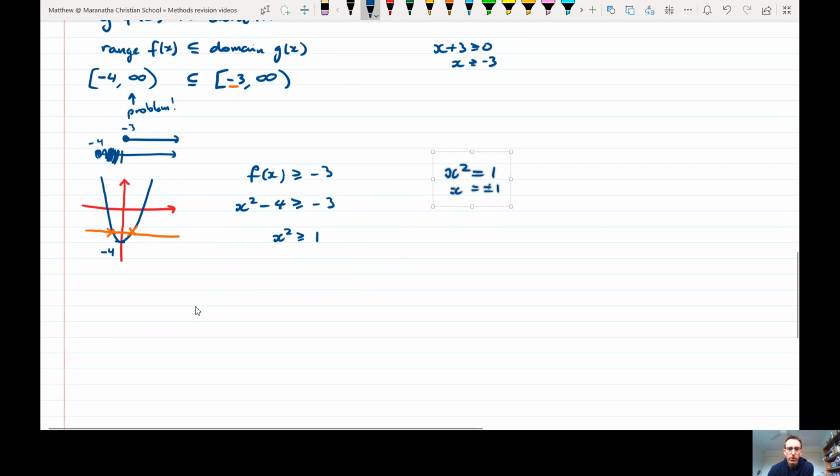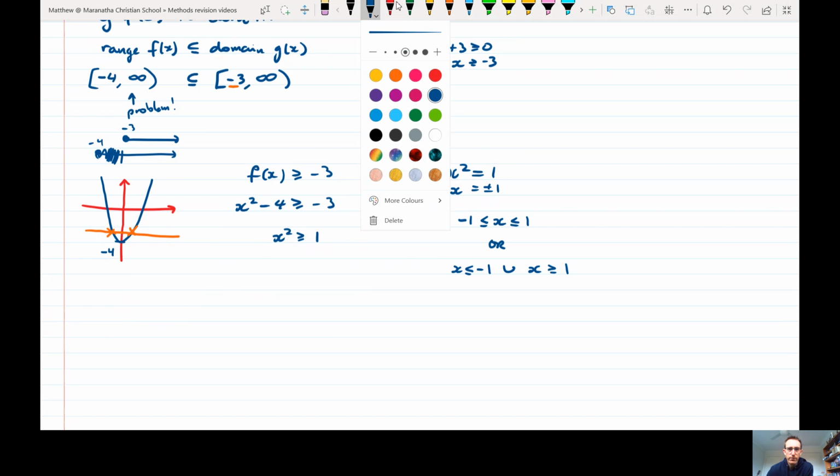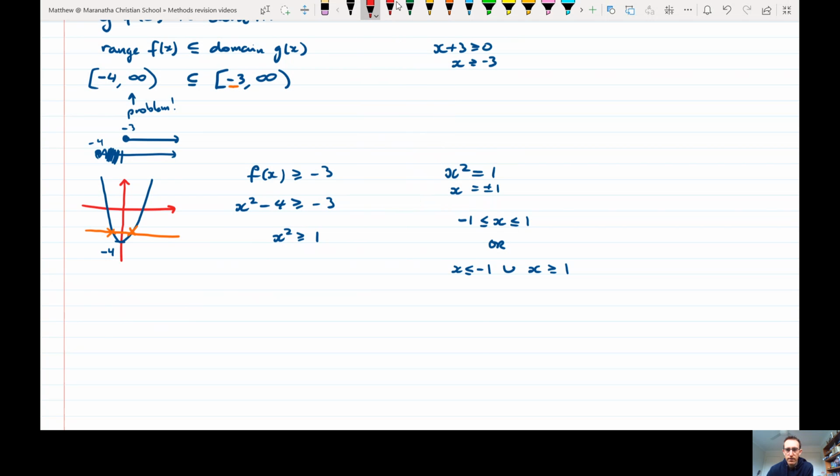Now with a quadratic inequality, you have intervals instead of specific solutions. So what we end up with is either the solution is going to be between 1 and -1, or it's going to be less than or equal to -1, union bigger than or equal to 1. On a number line, that looks a little bit like these options here.